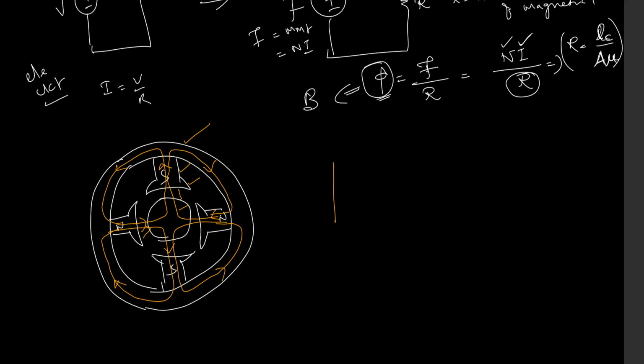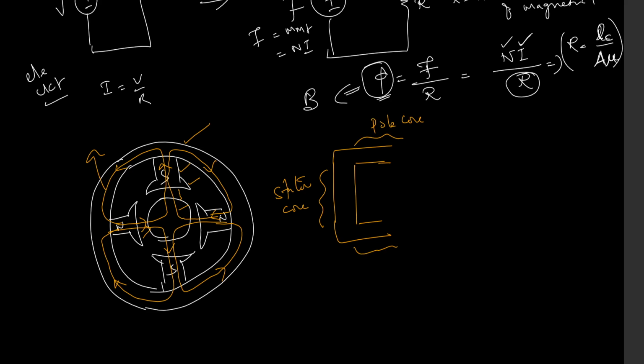For example, for this flux, let me assume this part is the stator core, this part and this part are the pole core, and this part is the pole shoe.